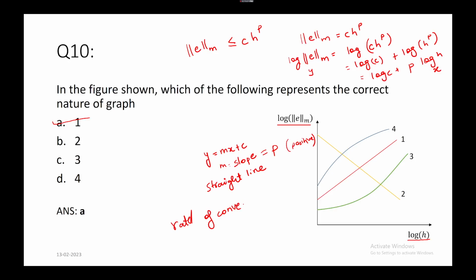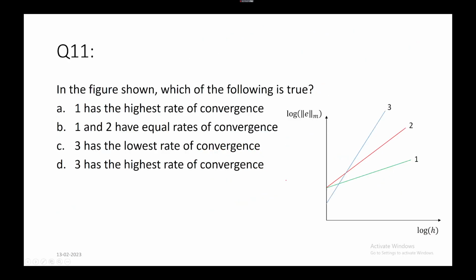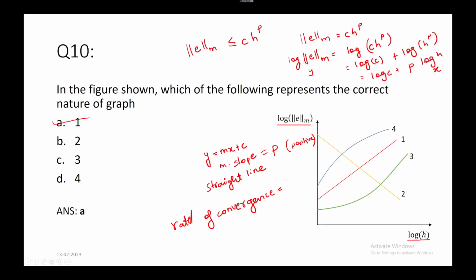We saw in the last question that the rate of convergence is equal to p. The rate of convergence cannot be negative at all, it is always positive. So p is always greater than 0, and because of this you have a positive slope. This is a negative slope. So 2 is not correct, 1 is correct.